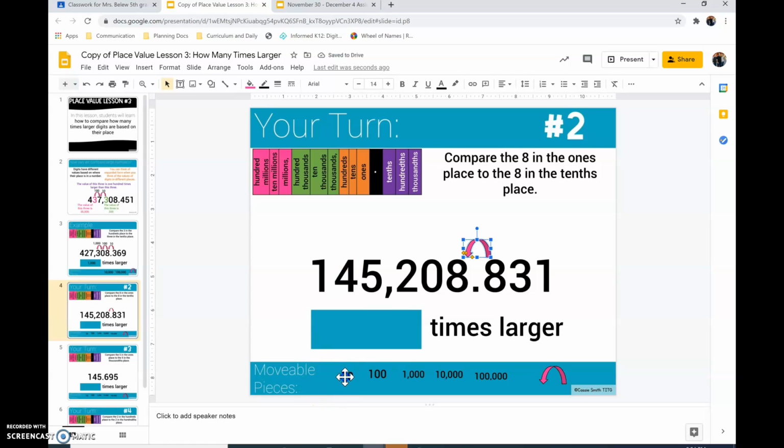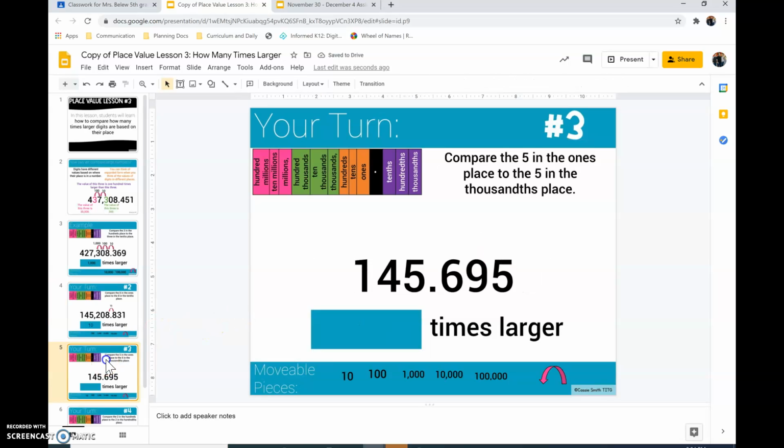Then you can move this piece to show how many times larger it is. So how many times larger is the 8 in the tenths place to the 8 in the ones place? Well, it's only one hop, one place value over, so it is 10 times larger. And you're just going to type that in, okay?